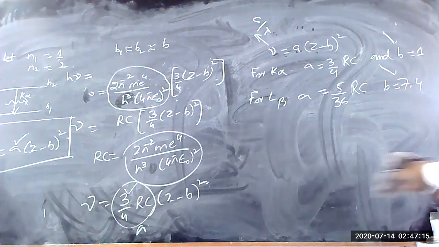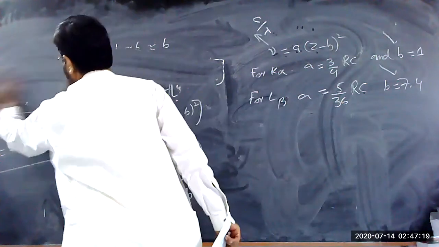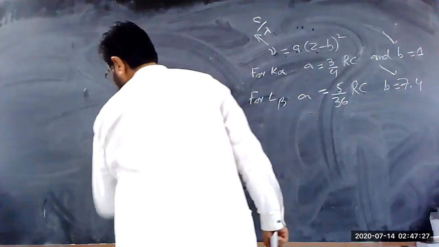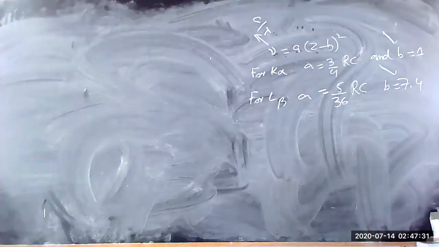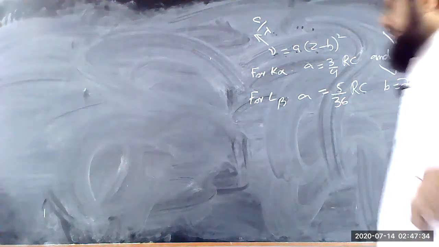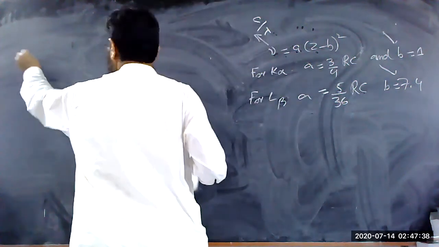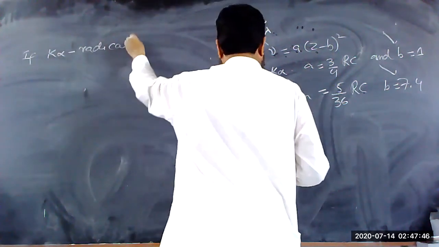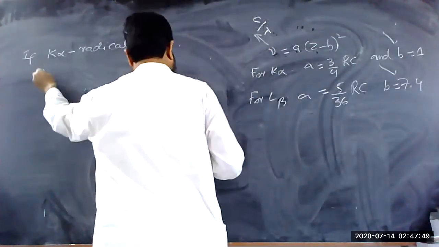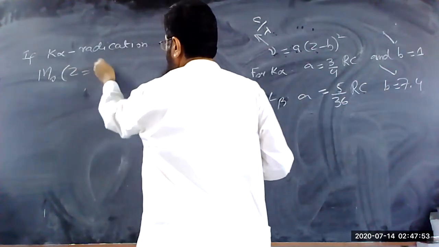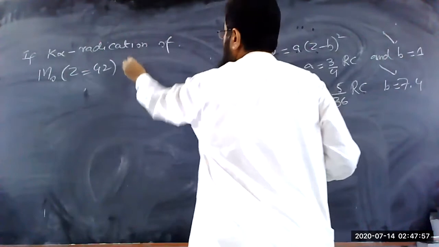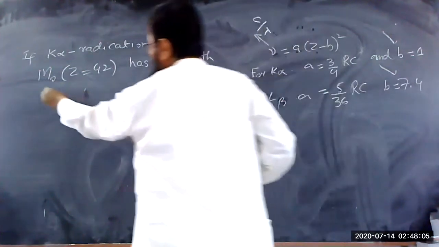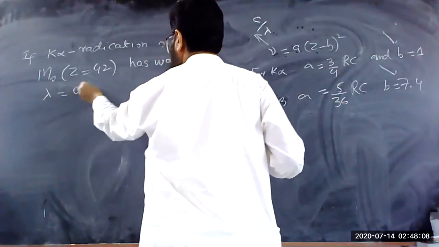You can measure the unknown also. Let's do a problem here, it will become easy. Here if K alpha radiation of molybdenum, the Z of molybdenum is 42, has a wavelength lambda equal to 0.75 angstrom.